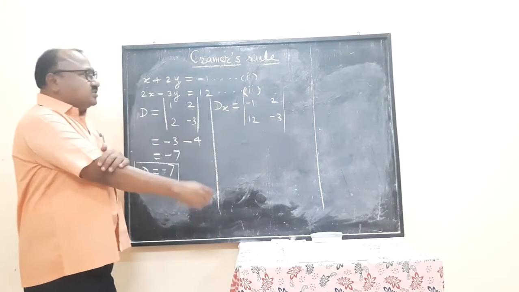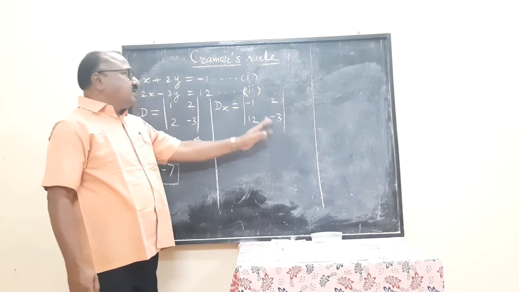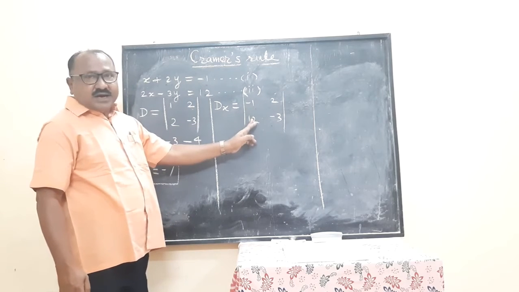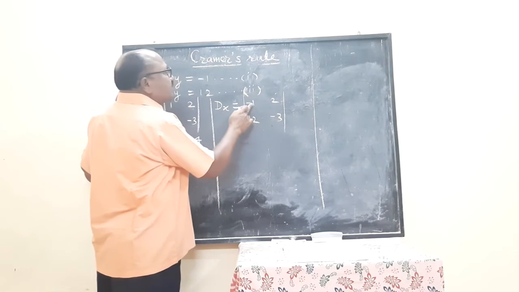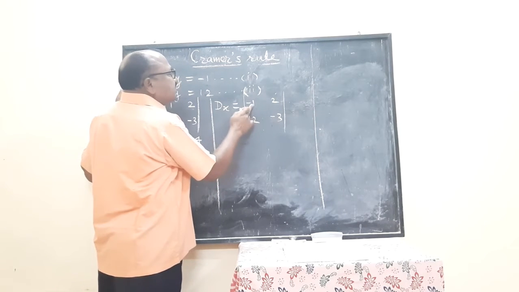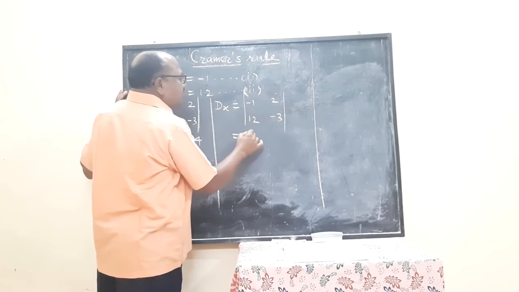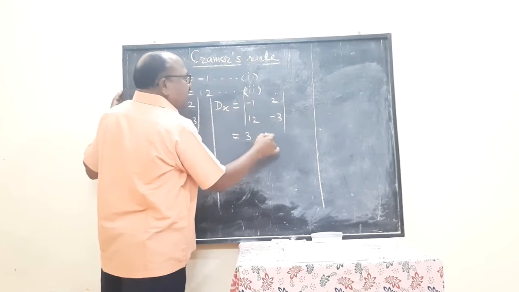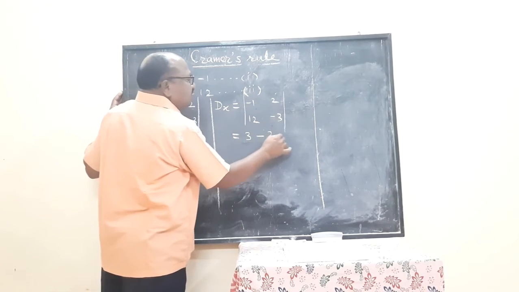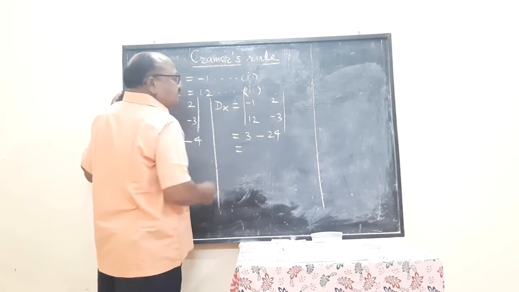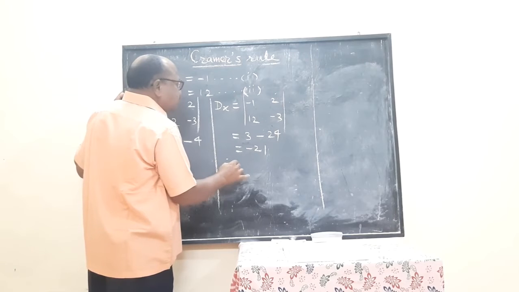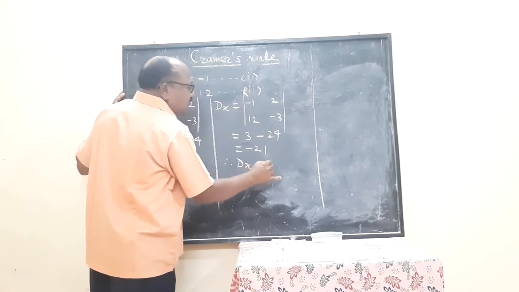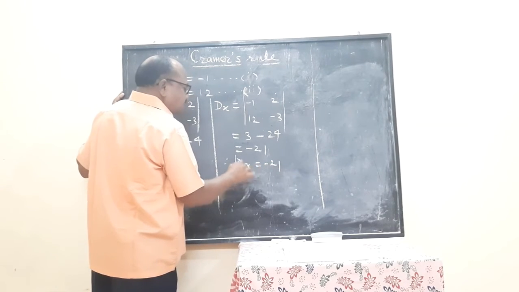The coefficients of y are taken as they are, but instead of the coefficients of x, I have taken the constant terms. So that is equal to the product of these two terms, -1 into -3 means +3, minus 2 into 12, 24. That is equal to -21. In this way, Dx equals -21.